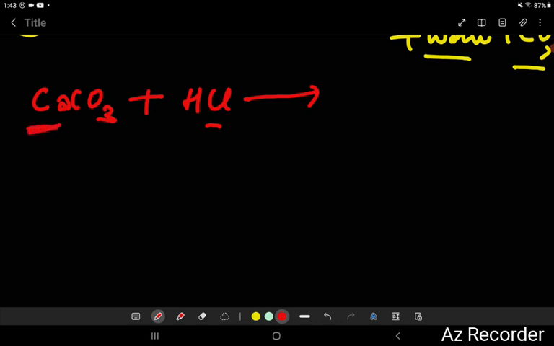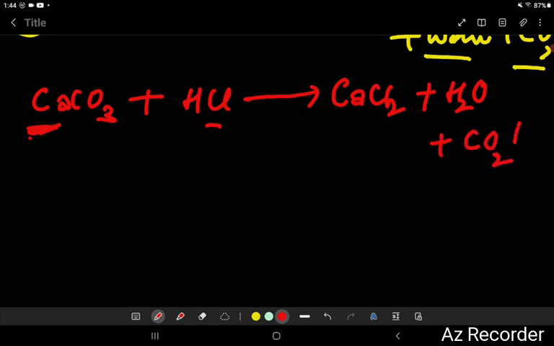Here calcium is there, so you will get calcium chloride, CaCl2. Apart from this, there will be 2 more products. One is liquid, that is water. Second one is the gaseous product, that is carbon dioxide. This is a transparent, colorless, odorless gas which can turn lime water milky. How to balance the reaction? You are seeing there are 2 Cl here, so you have to utilize 2 here.